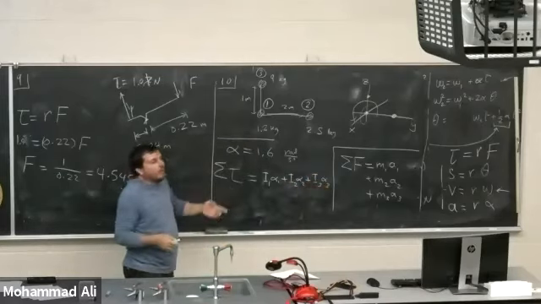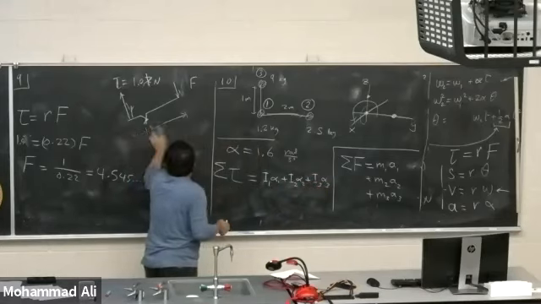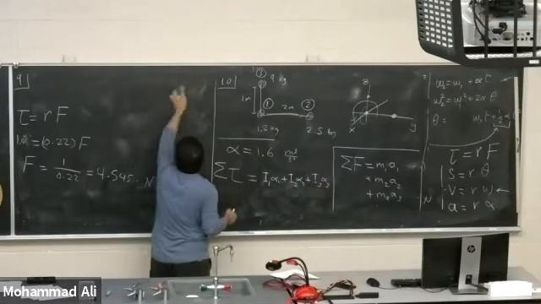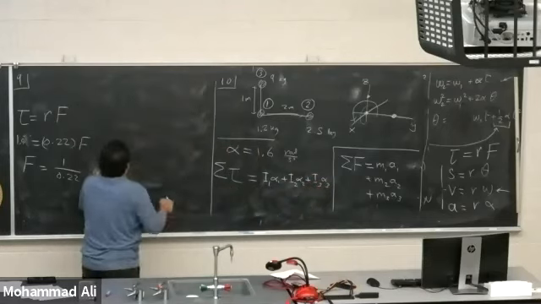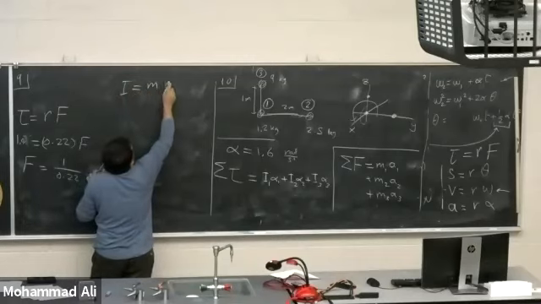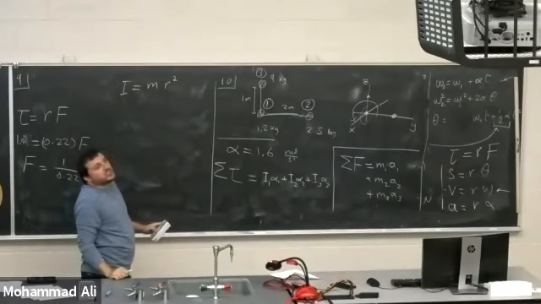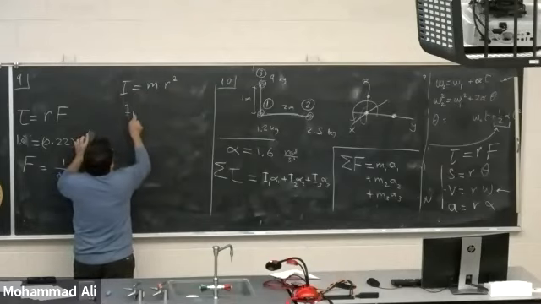We have point masses, just like that. For a point mass, we need to find its moment of inertia, which is equal to its mass multiplied by the radius squared. The radius is the distance from the axis of rotation. Okay, I1.